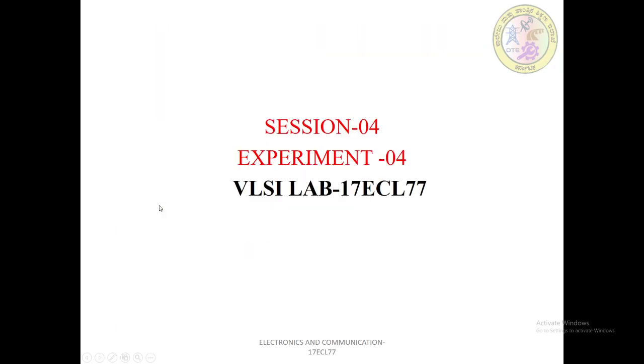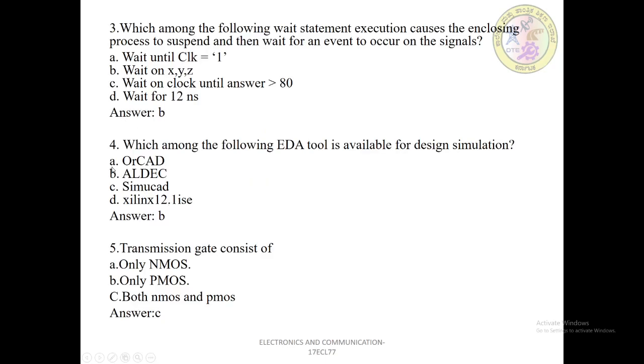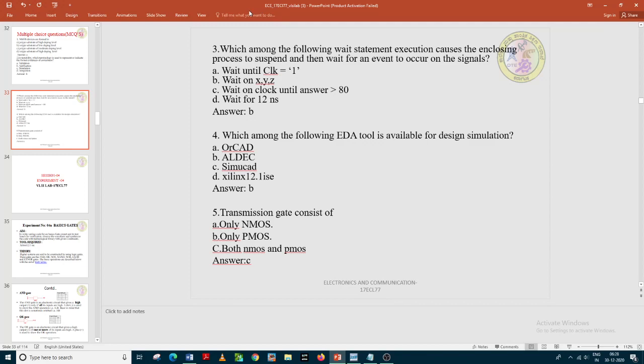The answer for this is D. We are using Xilinx 12.1 ISE. Next, a transmission gate consists of both NMOS and PMOS. These are some of the questions we can see in a viva.